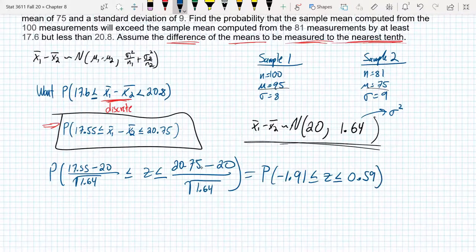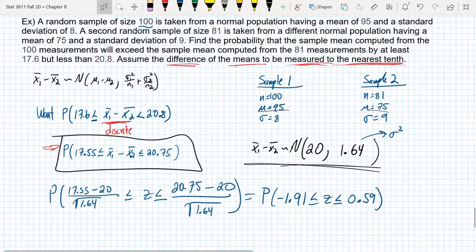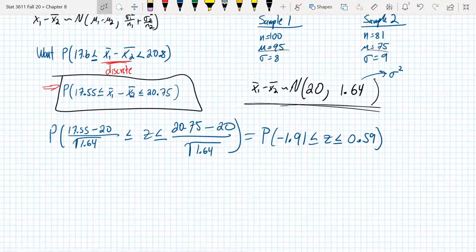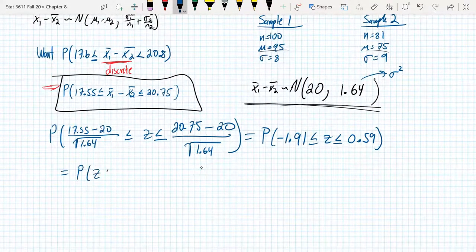And so this nice, lengthy, wordy problem boils down to this normal area curve question. Remember, we're looking at areas in between. We're going to take the area that we want under the curve and subtract the area we don't want, so less than negative 1.91 here.